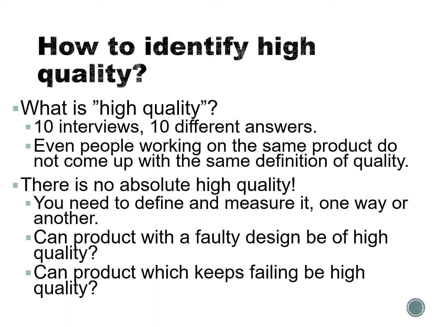If you want to have a definition of quality, you need to make one, and if you want to have some quality you want to measure for software maintenance needs, you need to also define that one. And also, considering that we don't have an infinite amount of time or resources or money or personnel, you also need to sometimes consider, for example, can a product with a faulty design be of high quality?